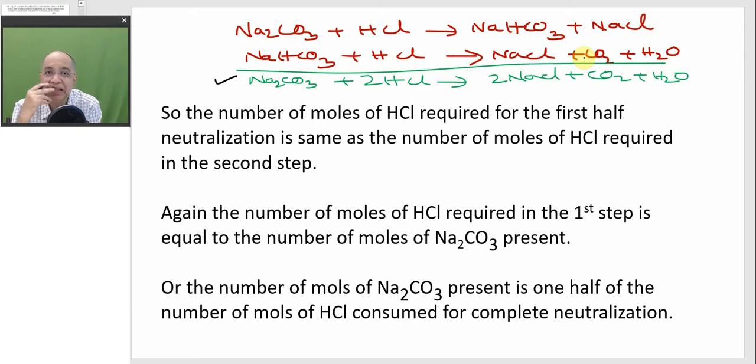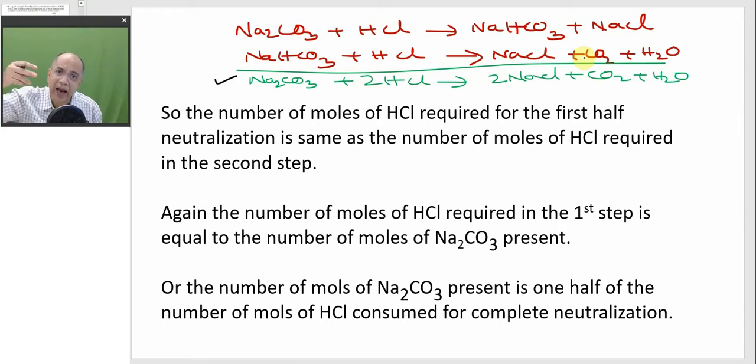Now, the details I am not explaining here. This much you know, that if you are titrating only sodium carbonate with phenolphthalein as an indicator, adding HCl or H2SO4, whatever, you will get the endpoint when sodium carbonate is half neutralized.